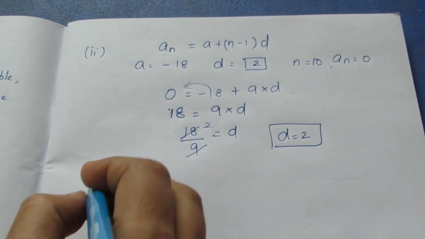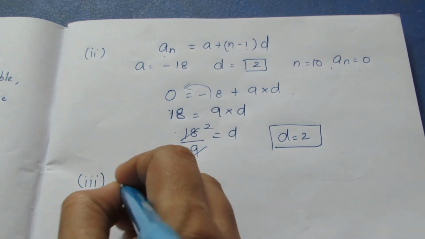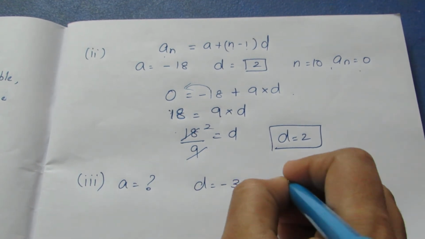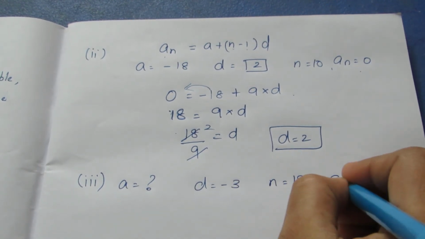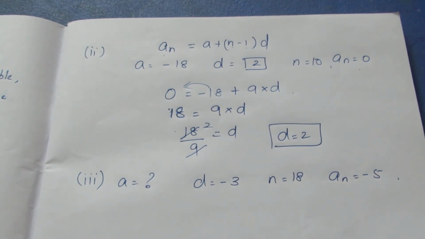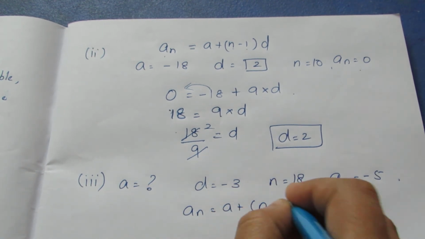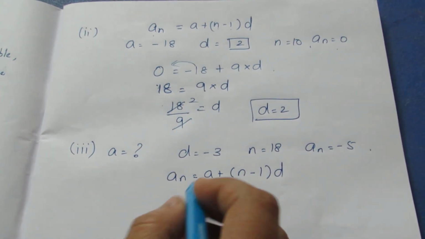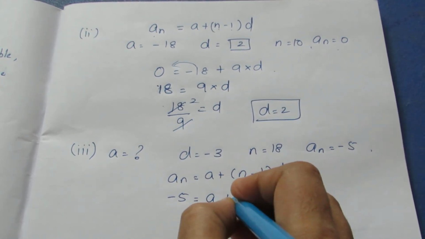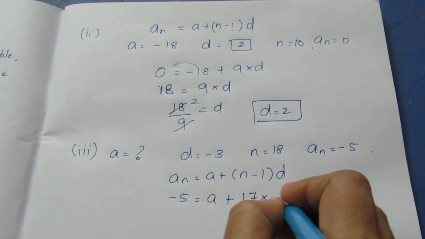We will find the third sum. The third sum is given as A equal to question mark, D equal to minus 3, N equal to 18 and AN equal to minus 5. Here substitute the formula. AN equal to A plus N minus 1 into D. AN we know is minus 5, equal to A plus 18 minus 1 is 17 into minus 3.